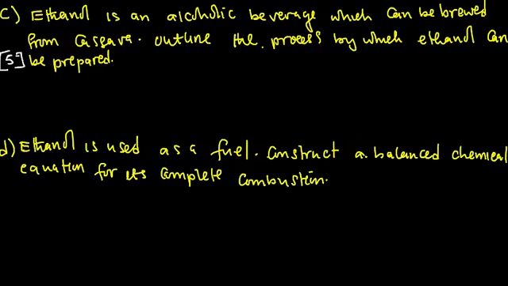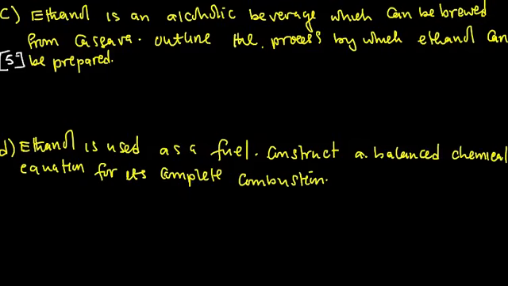So the first part is that cassava is crushed and pressure cooked to release starch, which is glucose. I guess you've gotten that first line.